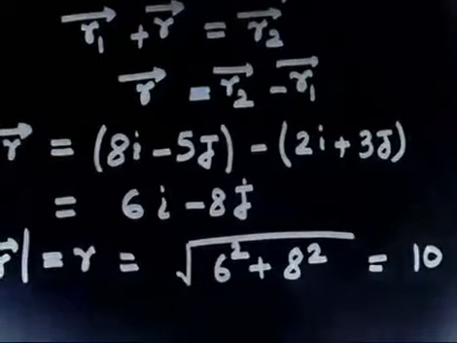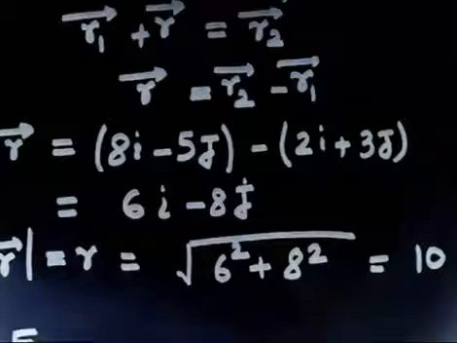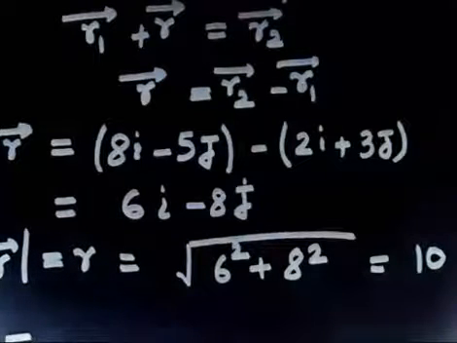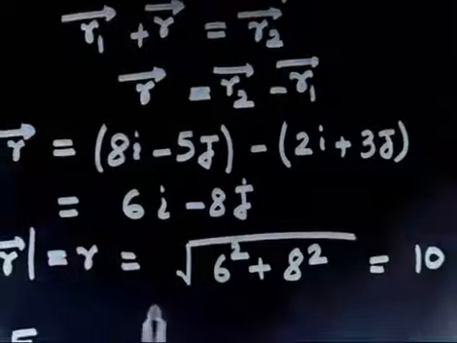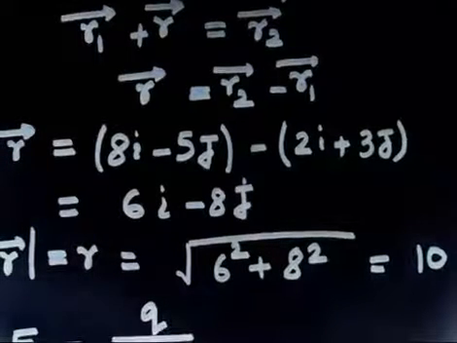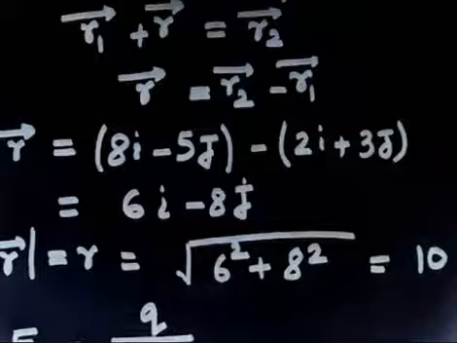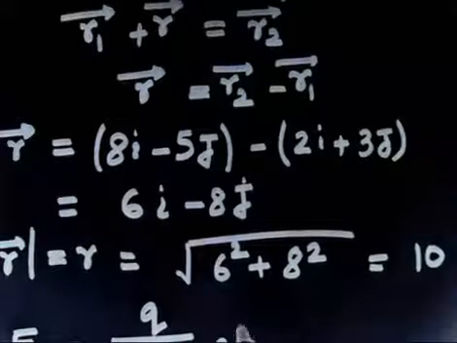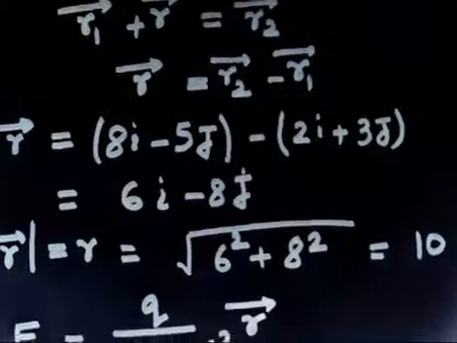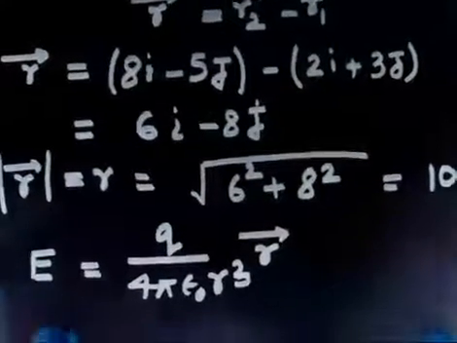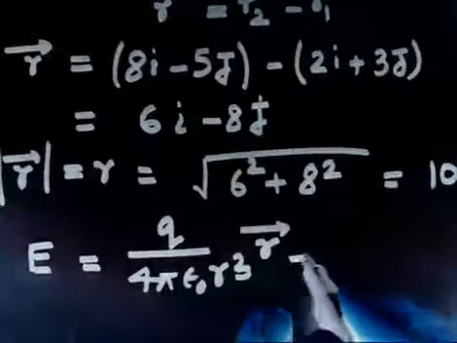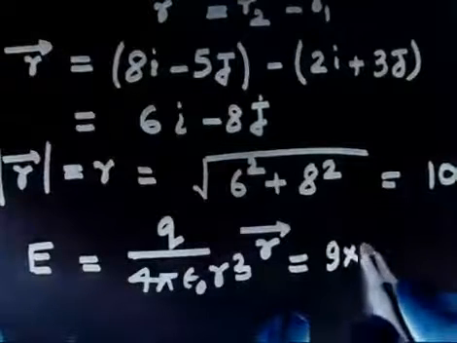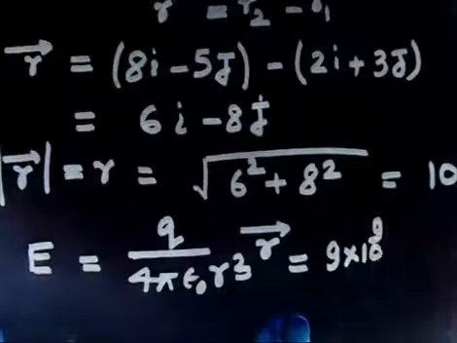Now for the electric field, from the top I can write Q by 4 pi epsilon naught. The force is Q1 Q2, but we have to find the electric field. So the electric field is Q by 4 pi epsilon naught r cube into vector r. Now Q is 50 microcoulomb, and 1 by 4 pi epsilon naught is 9 into 10 to the power 9.